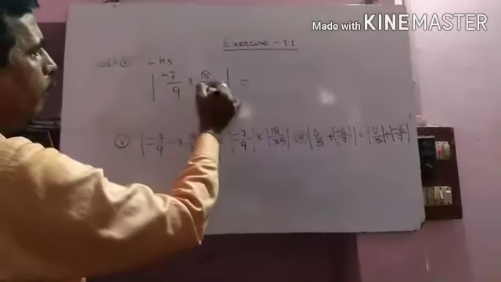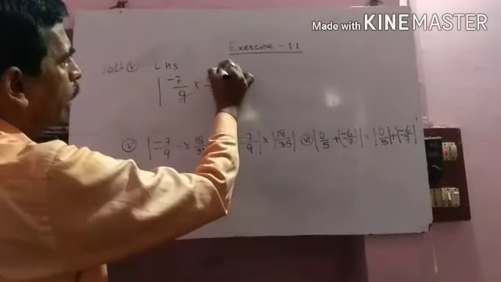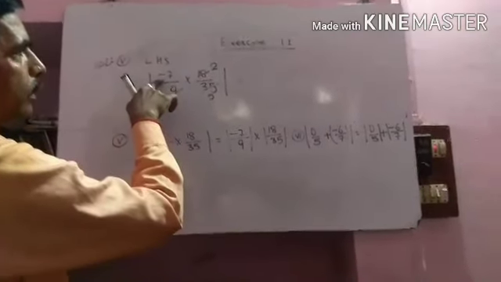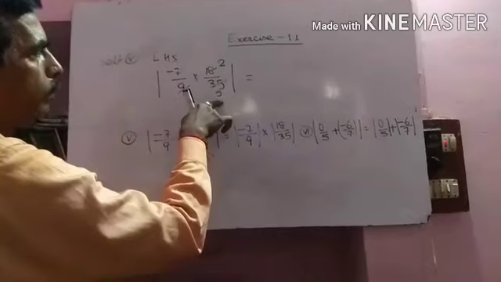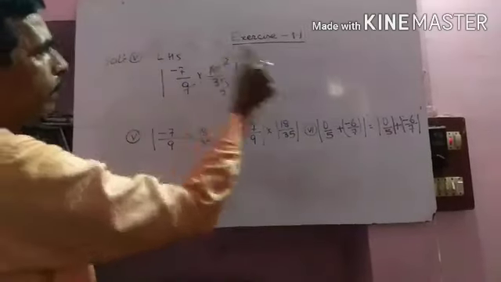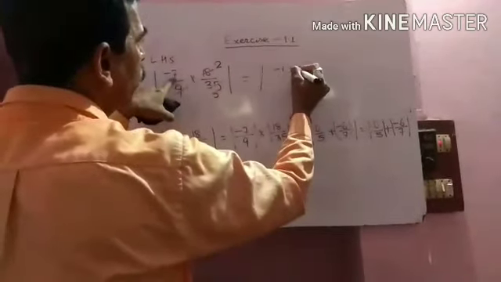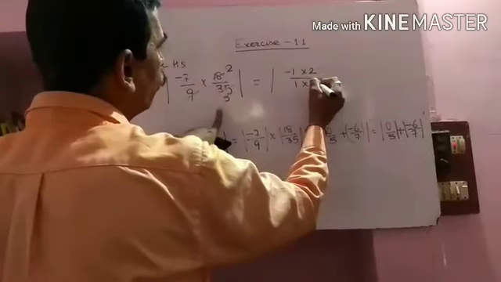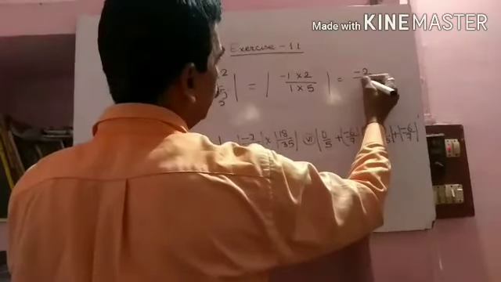Okay, 7 fives are 35 and 9 twos are 18. What remains here? Minus 1. 7 ones are 7. So it becomes minus 1, and 7 fives are 35. So it becomes 35. Then minus 1, what remains? In the place of numerator, minus 1 into 2 and denominator 1 into 5. So it becomes minus 2 by 5.